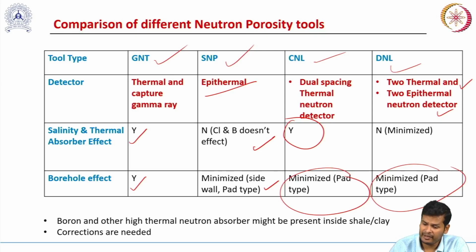So this way, now you have an idea about which logging tool measures what type of count rate and how they are affected by our borehole environment. Generally, if you are working as a log interpreter or petrophysicist, you won't need to apply all these corrections. These corrections will be applied at the well site itself by the field engineer or the logging engineer who is taking all these measurements.